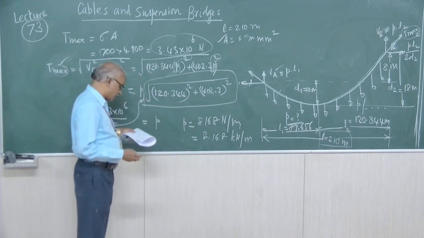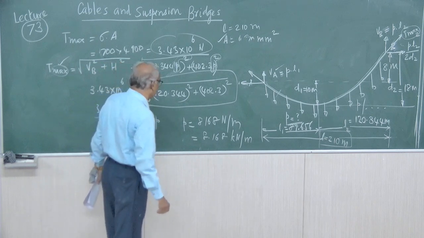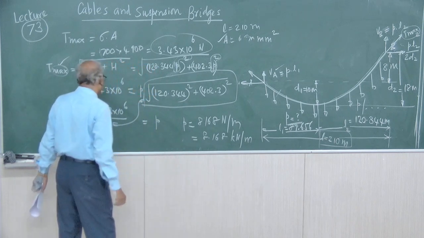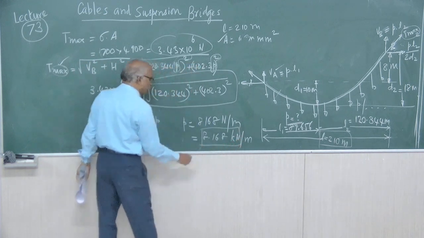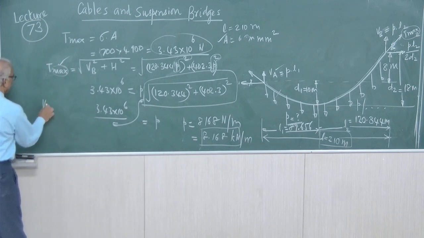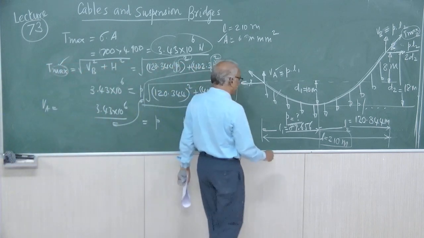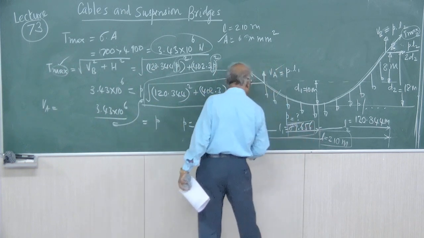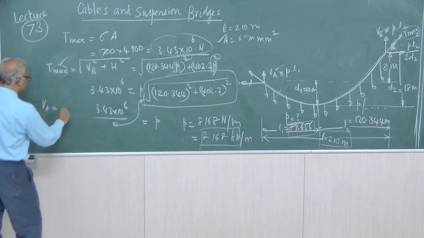So after this, we can find out the value of T max. Now we know the value of P. Once you know the value of P, 8.168 kilonewton per meter, we can find out the value of VA. VA equal to say 89.656 into P1 into P. VA equal to 89 point something into P, that we can find out.